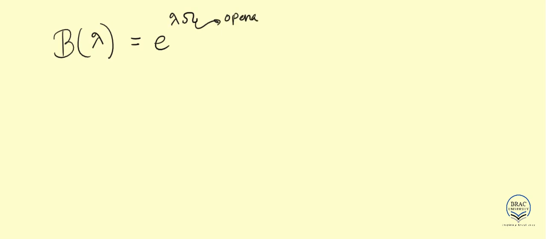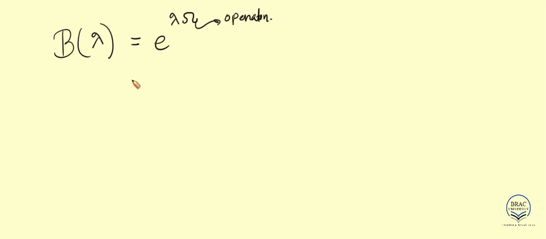So we are taking some operator, let's call it theta right now, and okay, not theta, so that you guys don't get confused. So let's call it B, and it has a parameter lambda, and we denote it with e to the power lambda omega, where omega itself is a matrix, that is, it's an operator.